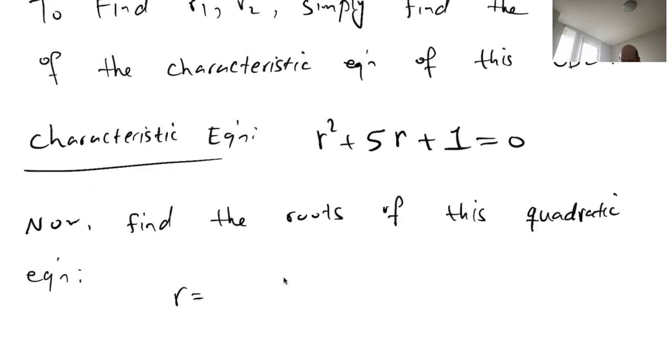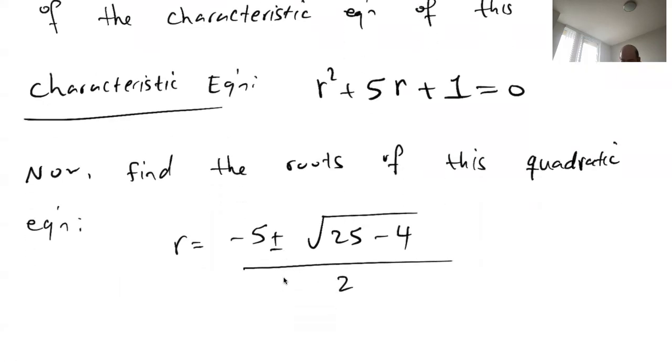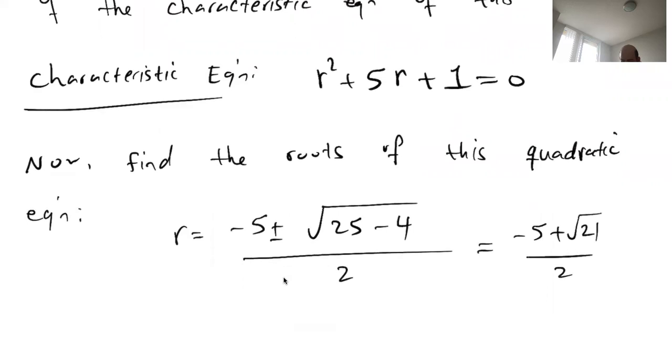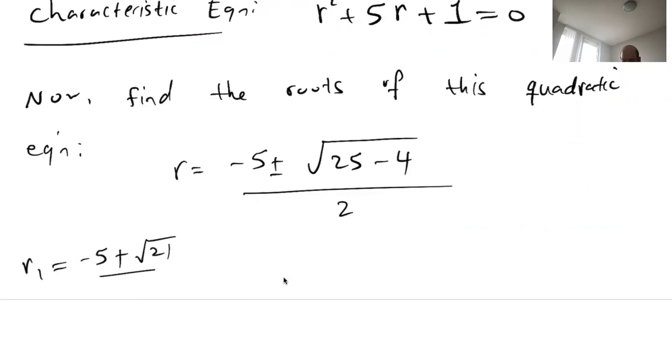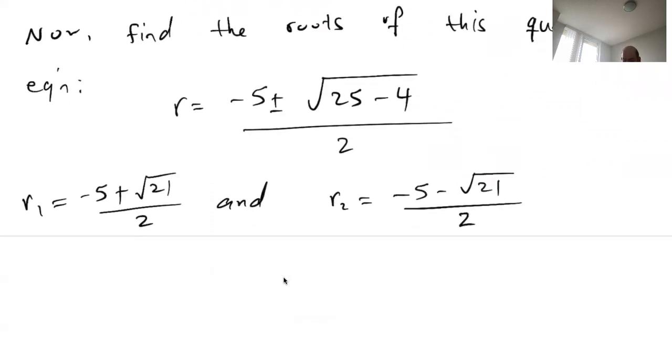So R will be equal to -5 plus minus root 25 minus 4, divided by 2. So then this gives me -5 plus minus root 21 divided by 2. And maybe I can write it this way: R1 equals -5 plus root 21 divided by 2, and R2 equals -5 minus root 21 divided by 2.